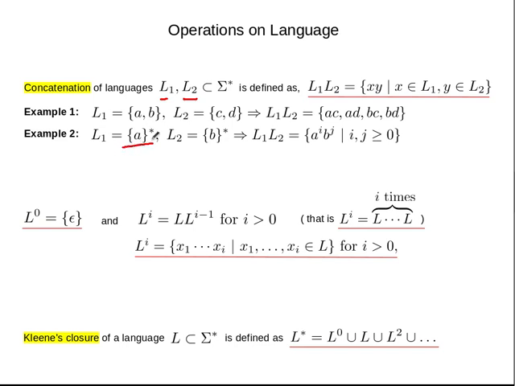Epsilon, a squared, a cubed, everything, and here again all strings constructed from b. Then their concatenation is just a^i concatenated with b^j for all i, j, all natural numbers i, j, including 0.